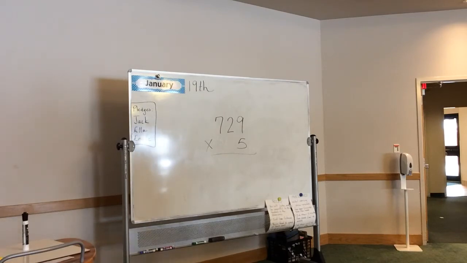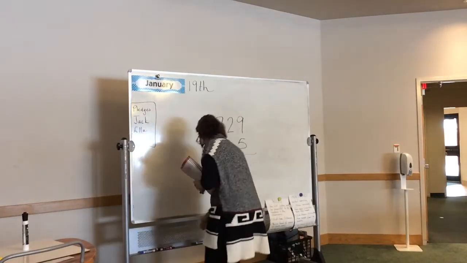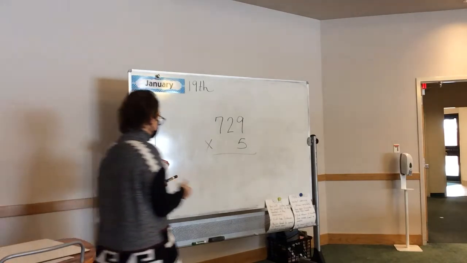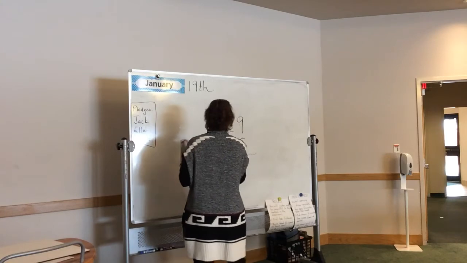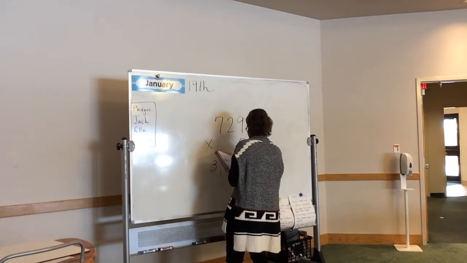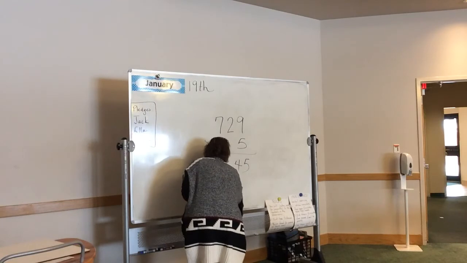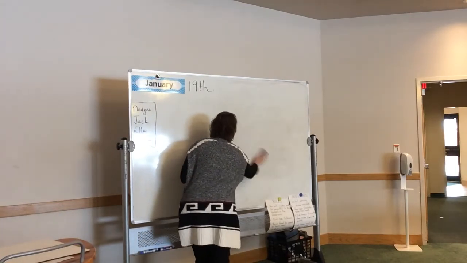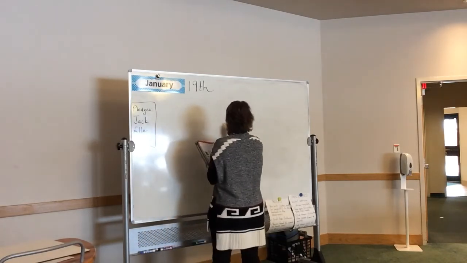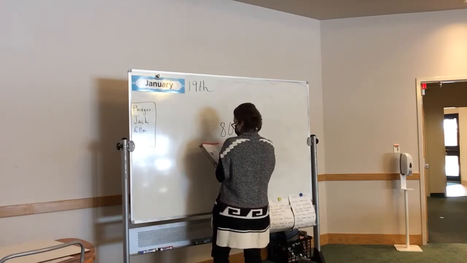What is the correct answer? 3,645. 3,645 is correct. And the comma goes after the 3, 3,645. That's why we need to practice our multiplication, so we could get this done quicker.